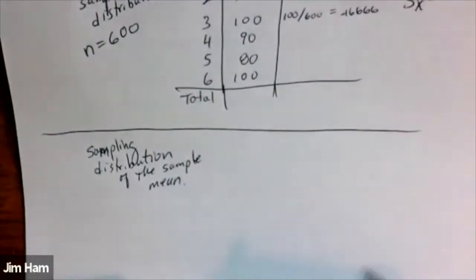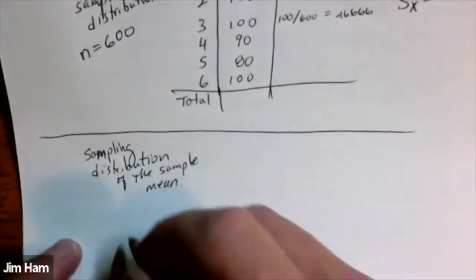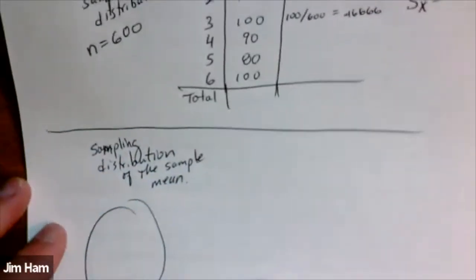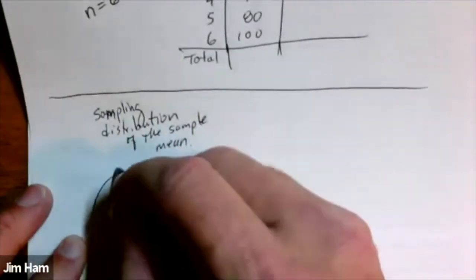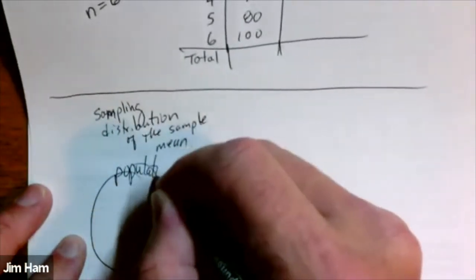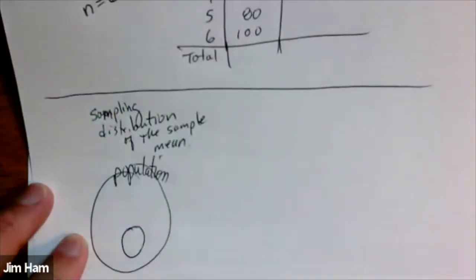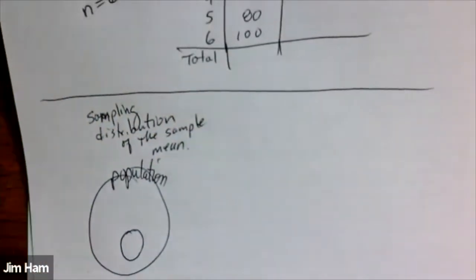I'll just draw a couple of pictures for you. Here's the population of all the possible, just imagine, 7 million people rolling the die 600 times. And every time someone rolled the die 600 times, they calculated the mean.